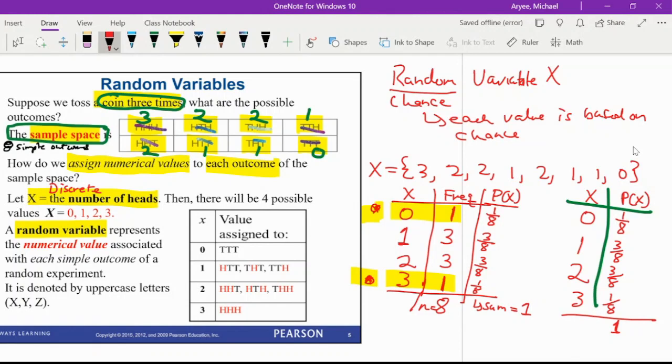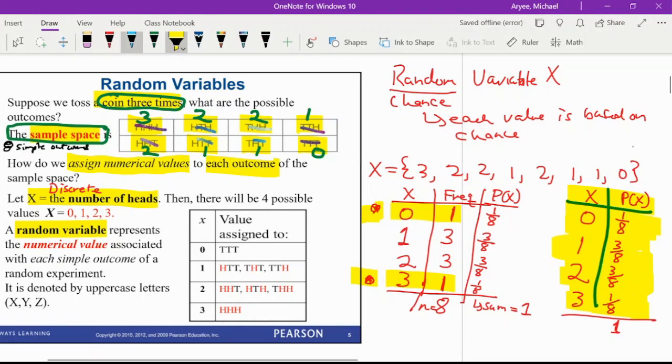So this table that I have here shows the random variable and the corresponding probability that goes with the random variable.